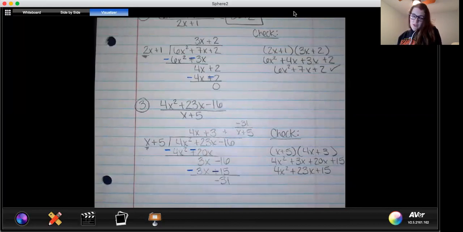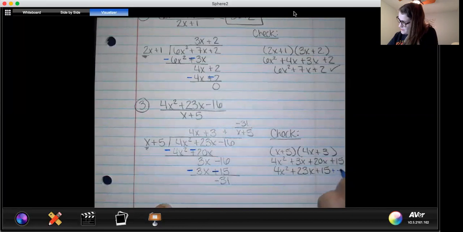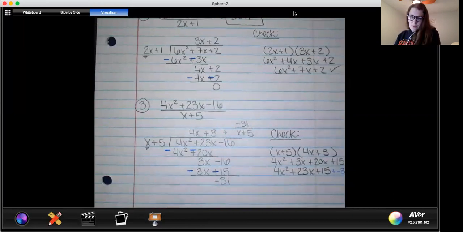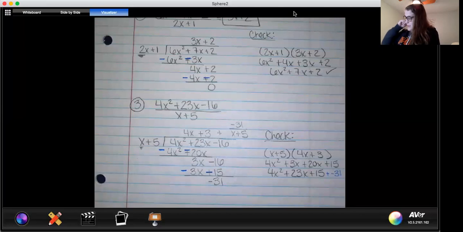What do we do? You take the numerator, just the basic part of the remainder without the fraction part, and you add that remainder to your problem. So I'm going to add negative 31.